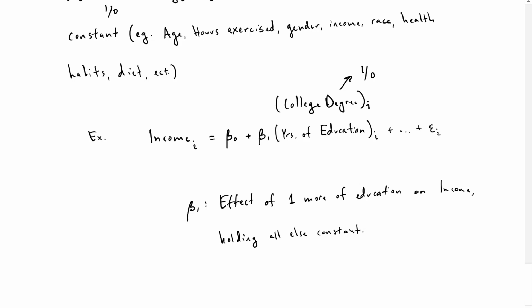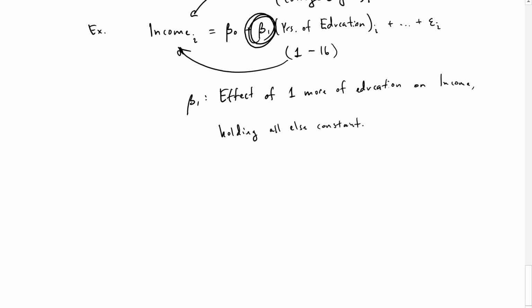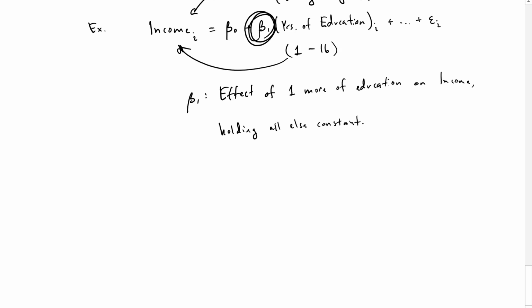And what's the effect of having a college degree on your income? Or it could be how many years of education you have, say 1 through 16 or whatever. That's more of a continuous variable, and each of those has a little bit different nuance in how you're interpreting that beta 1. All right, so now that we have that, let's keep going with these same ideas.